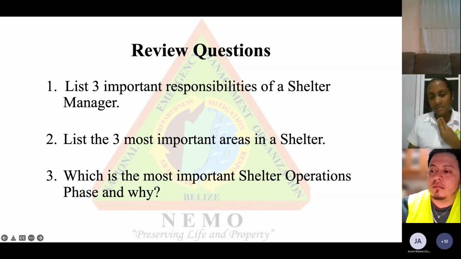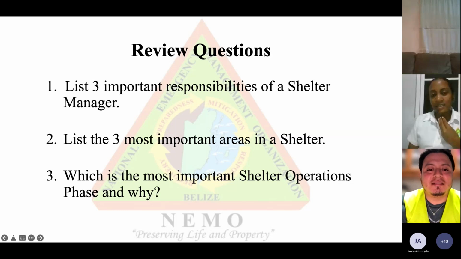Actually, the restroom is one, and also a security area, for those that are behaving badly or can behave badly. Yeah, that's true. You want to have a security area set up, and one of the reasons is that you want to be checking people's belongings when they come in at your shelter. You don't want weapons being snuck in.